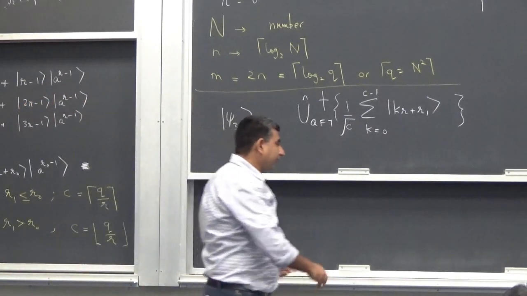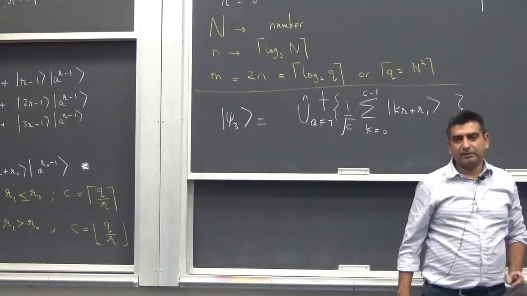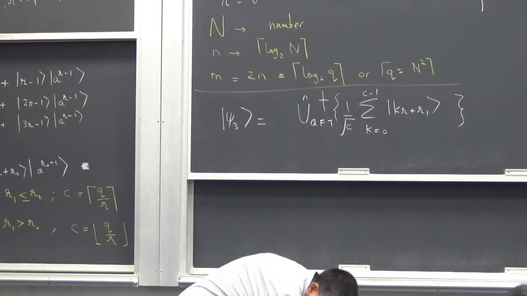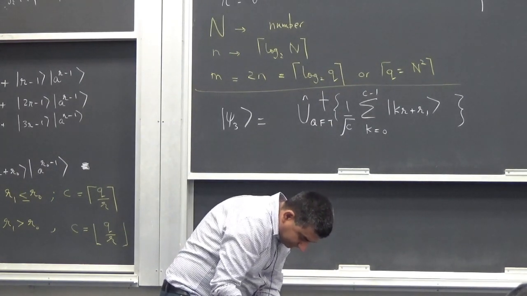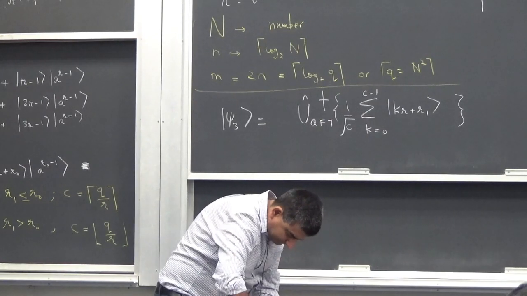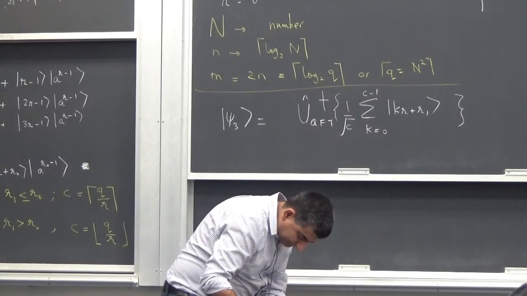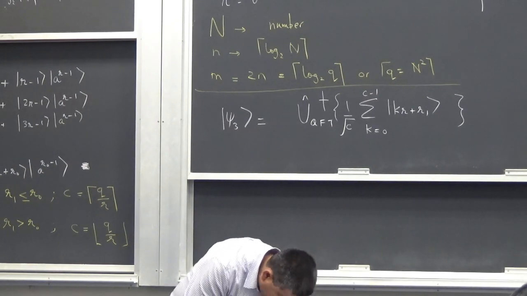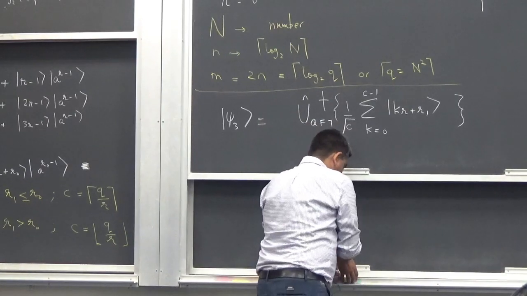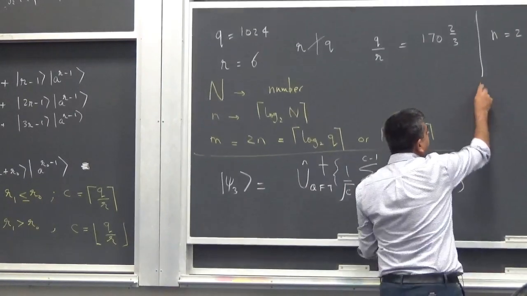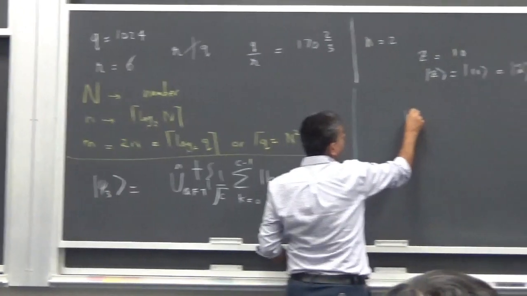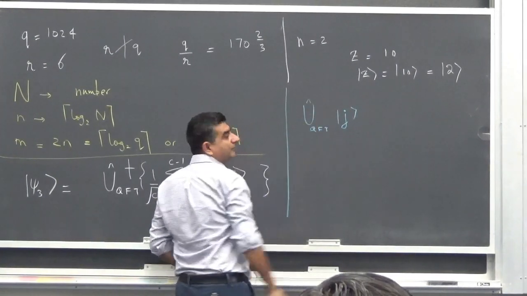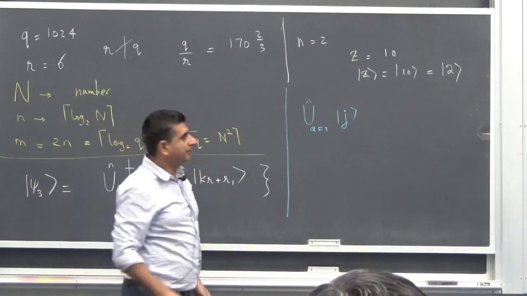So we already know what a Fourier transform looks like. If I were to take an integer state, ket j, and find its Fourier transform, what would the output look like?